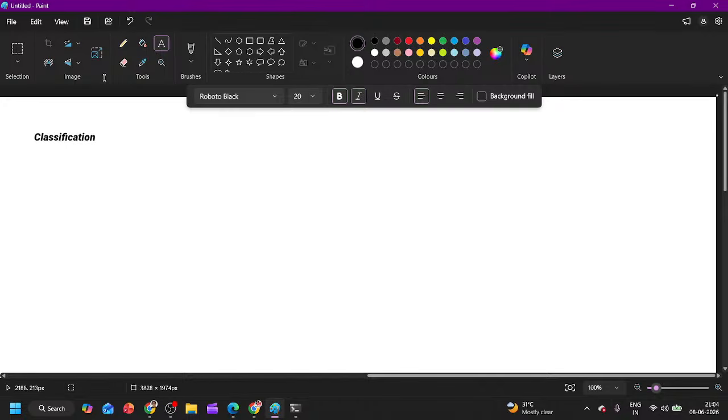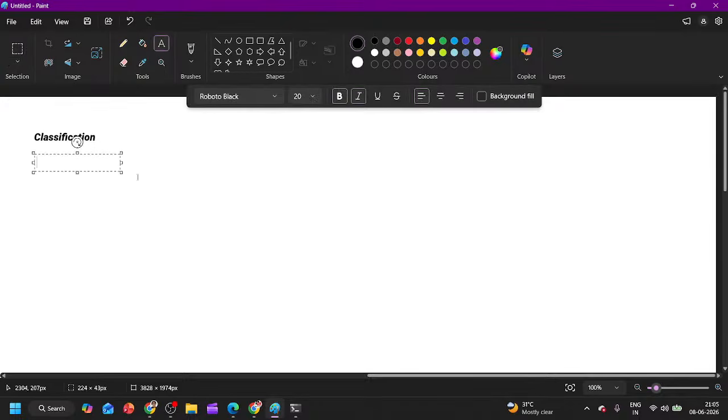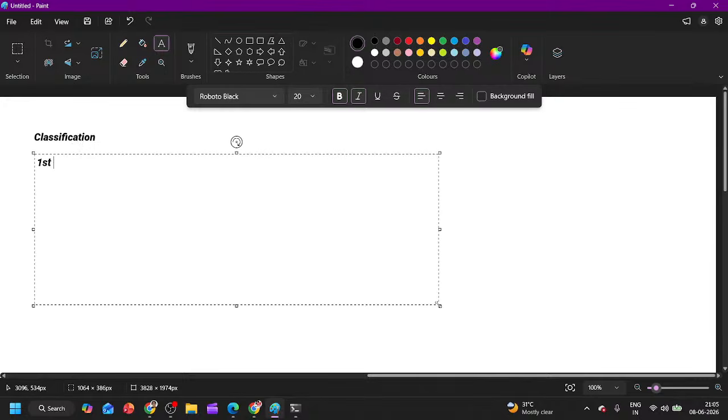So for classification, we just used the first octet, the first field, or the first 8 bits. Actually, we are not using all 8 bits, so I can say the first field.